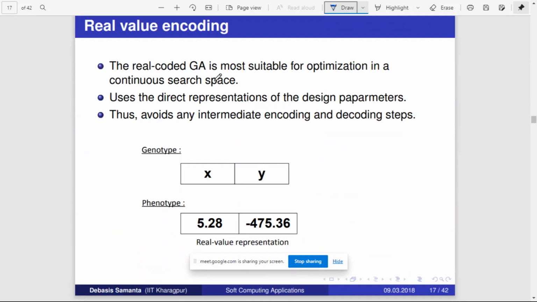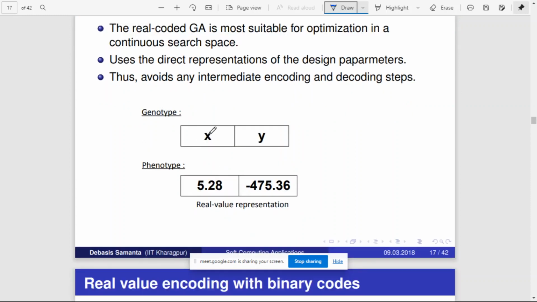Then the next is real value encoding. It is very similar to binary coded scheme. The only thing is, in binary coded scheme we represent binary values, zeros and ones, whereas in real value encoding we represent the attributes with a real value, right? Say for example, a genotype is given like this.